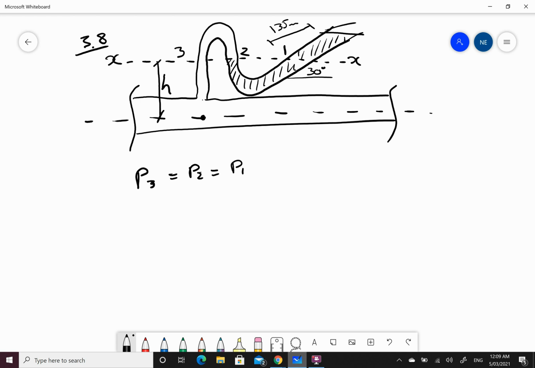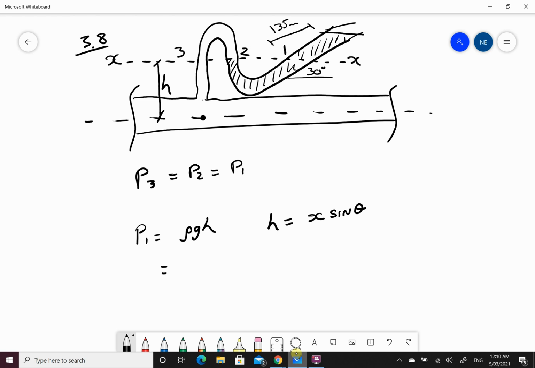So, that being said, how do we work this out? Well, my P at 1 is equal to P at 2. I know how to work out the P at 1. So, P1 is equal to rho gh, where h is equal to X sine theta, X being 135 millimeters.